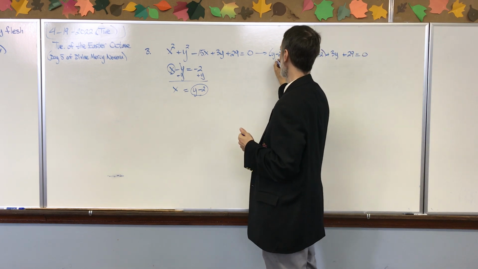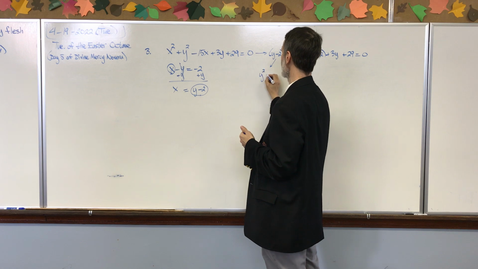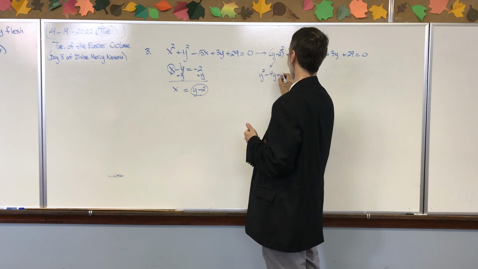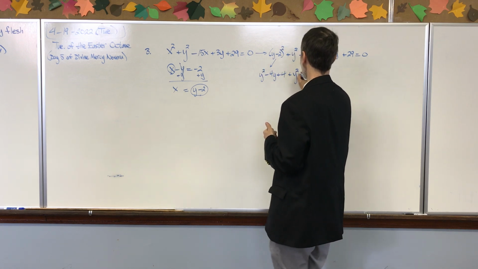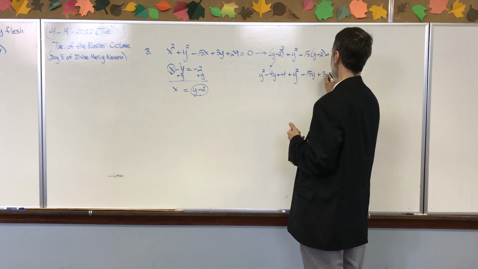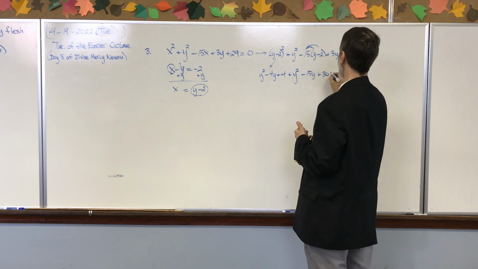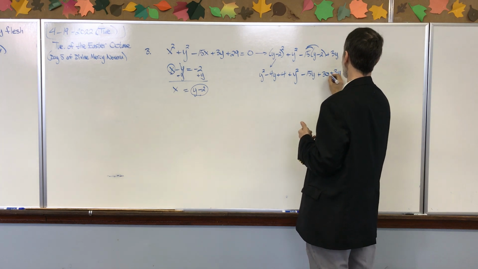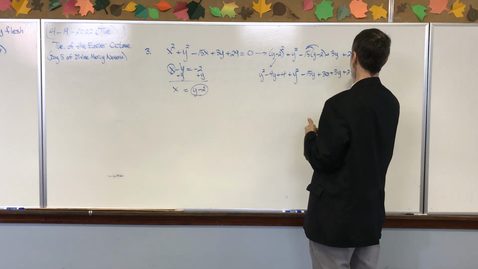This is square the first, double the product, square the last. Plus y squared minus 15y plus 30 distributed. Plus 3y plus 29 equals 0.